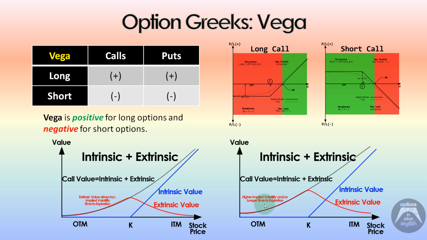Now, stock prices, underlying prices, are not mean reverting. You can have a stock that keeps going higher and higher, but implied volatility does display some characteristics of mean reversion. So you can assume that the implied volatility is going to eventually revert back to the mean.